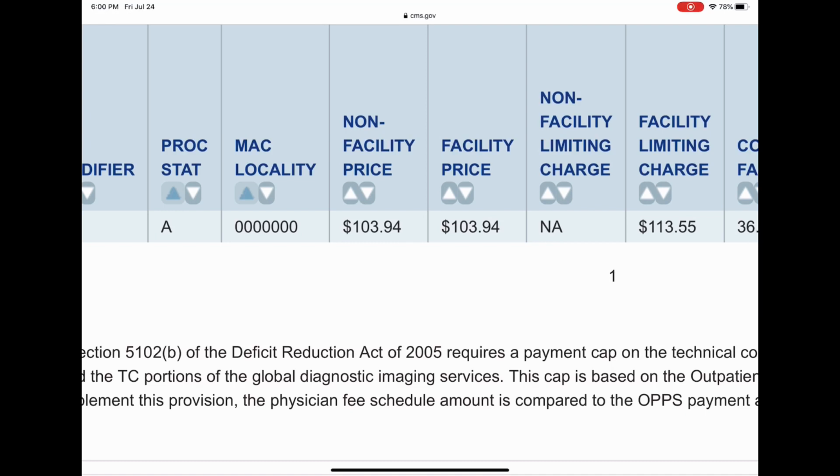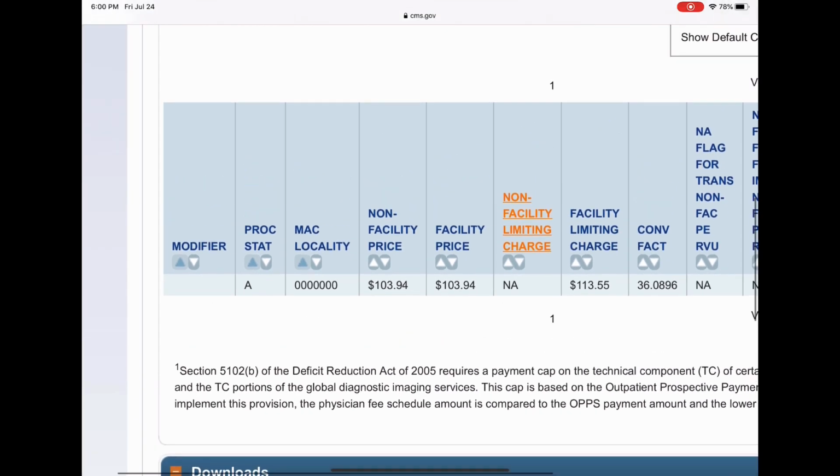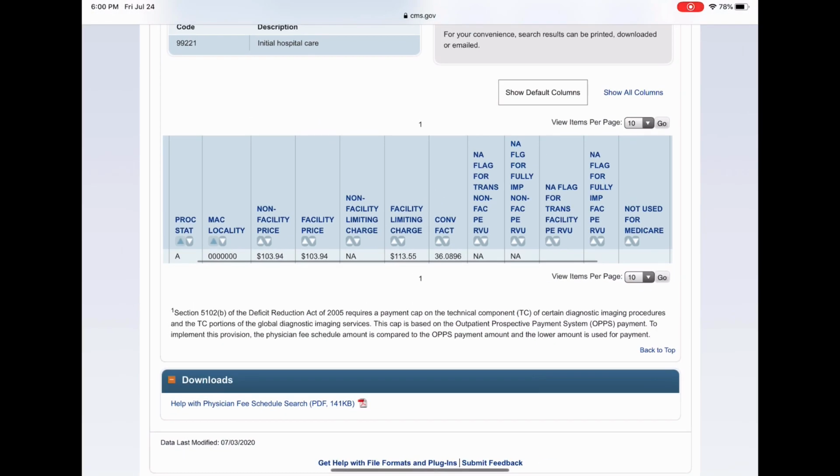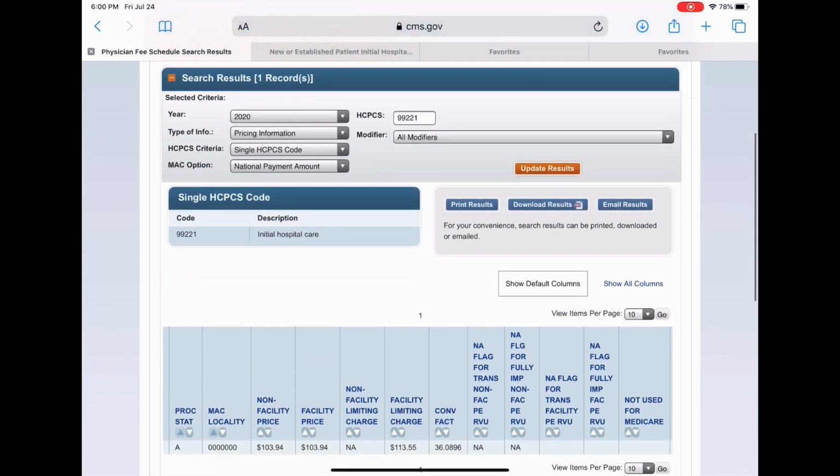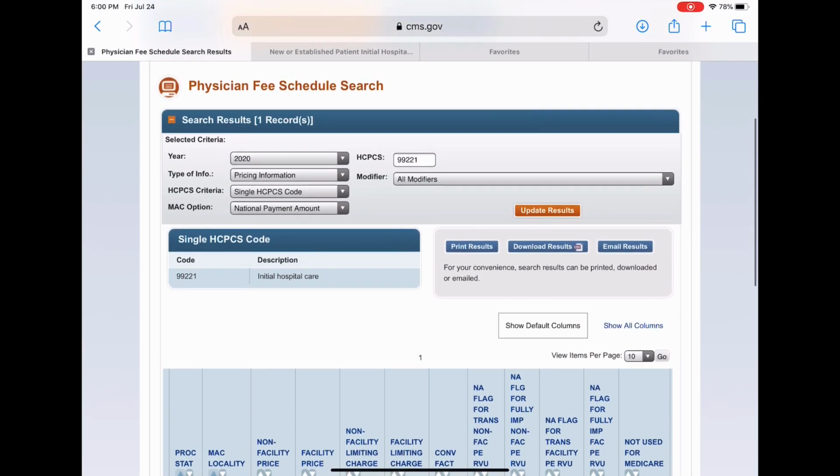Guys, that's a difference of $102.13. Every time you make this mistake, you're either being overpaid or somebody has downcoded you. Maybe your coder's downcoded you or whatever, and you're not going to get that. Either way, it's a difference of $102.13.